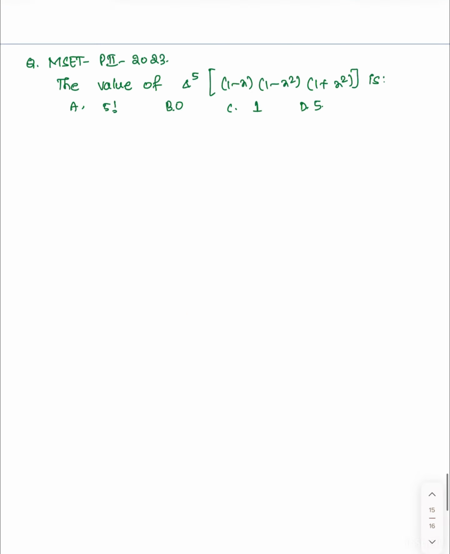Next question. The value of delta power 5 of (1 minus x) into (1 minus x square) into (1 plus x square) is. The options are 5 factorial, 0, 1 and 5. So consider delta power 5 of (1 minus x)(1 minus x square)(1 plus x square).